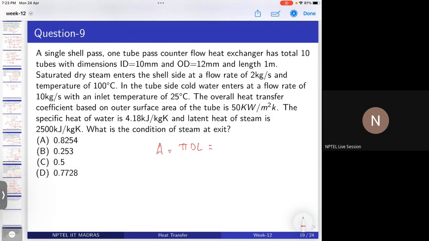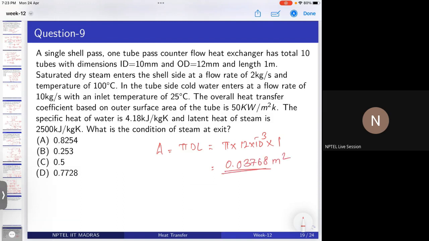Yeah, pi into d means its outer area is given. So the outer diameter is 12 into 10 raised to minus 3, into length 1. So this will come out to be around 0.03768. This is the area of a single tube.